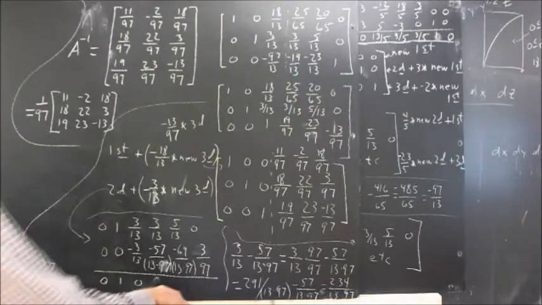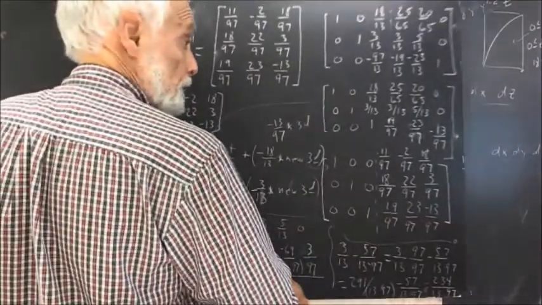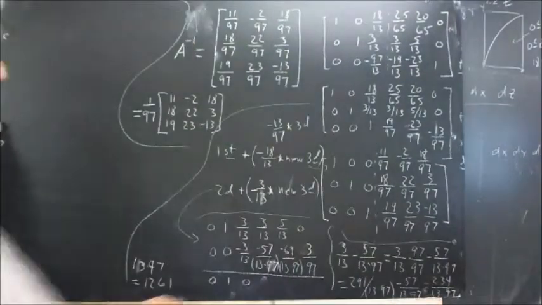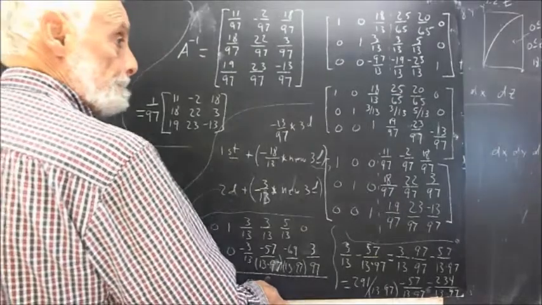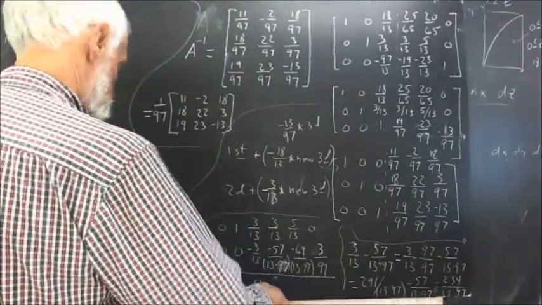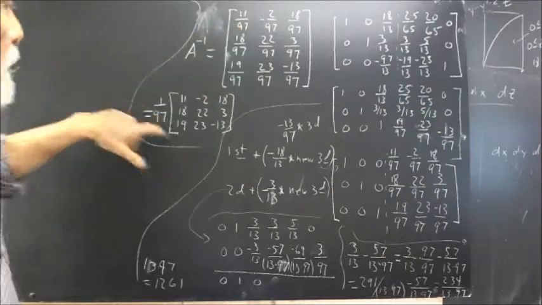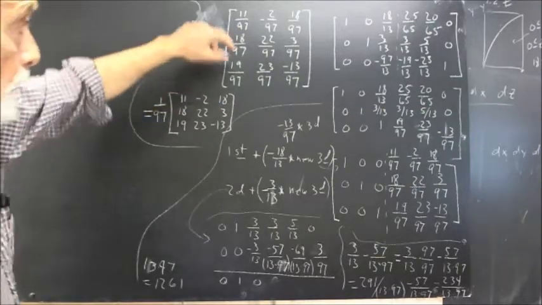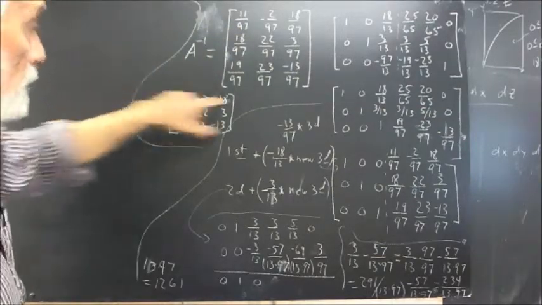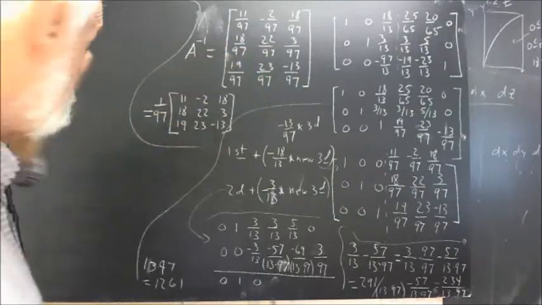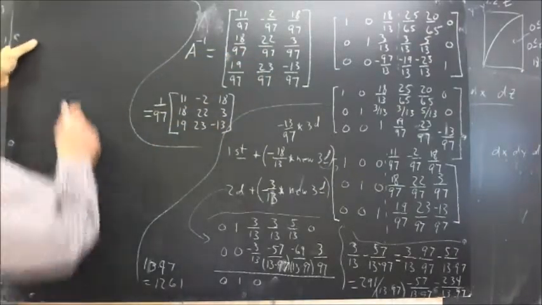So let's get the board over here where we can see the whole thing. And I believe this was clear before. I'm pretty sure you could see this, but again, I just factored out the 1/97 and wrote down the numerators of all these fractions.